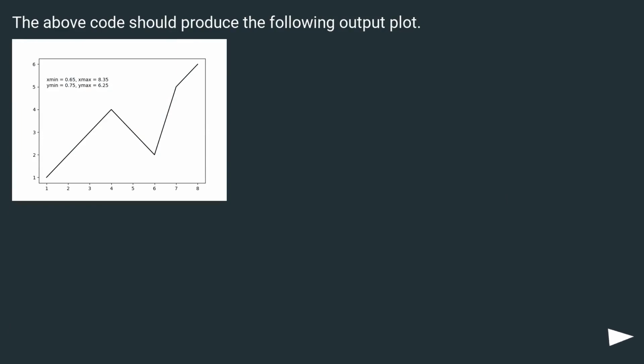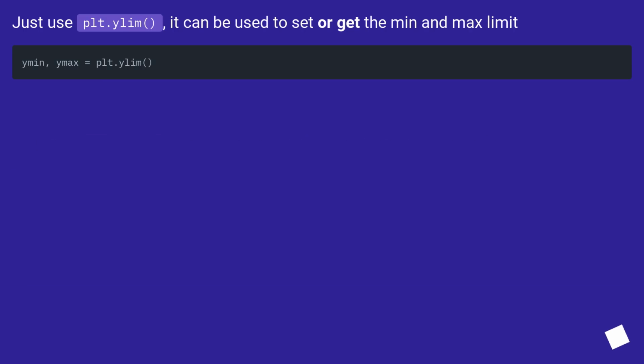The above code should produce the following output plot. Just use plt.ylim, it can be used to set or get the min and max limit.